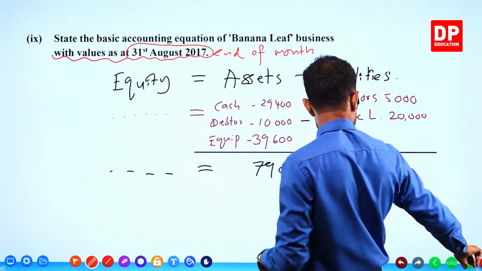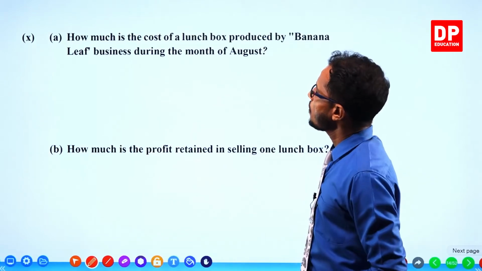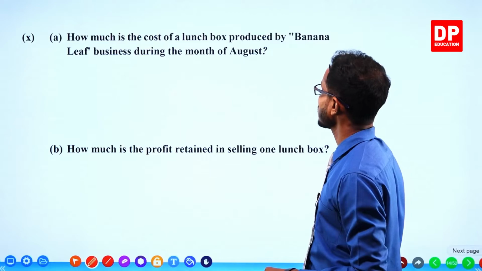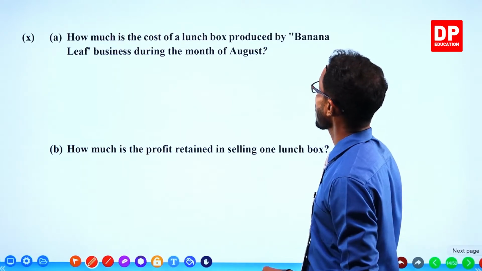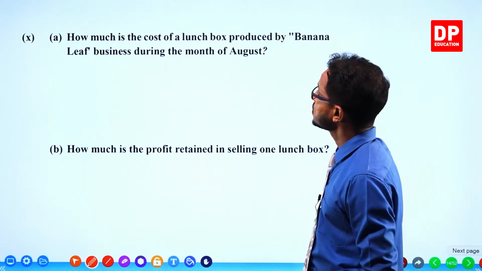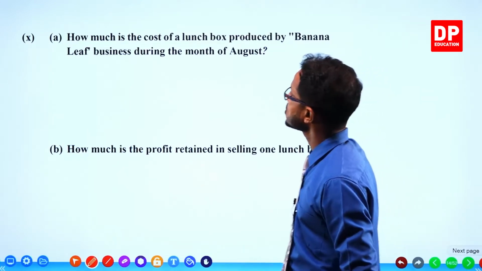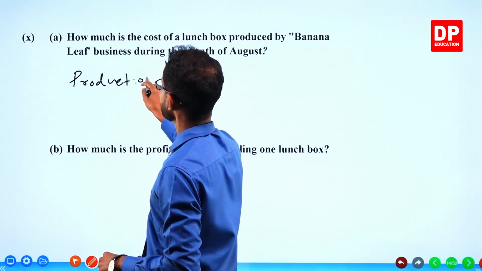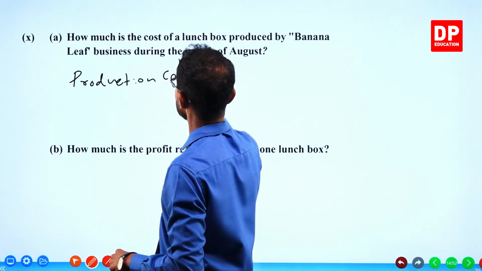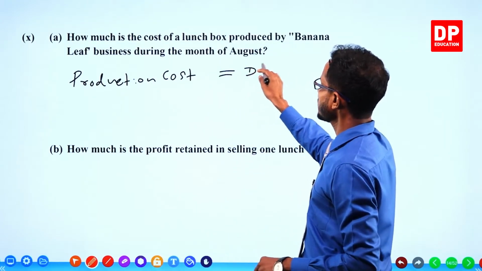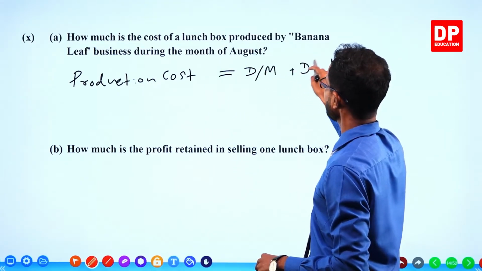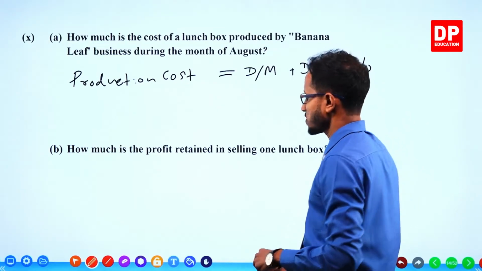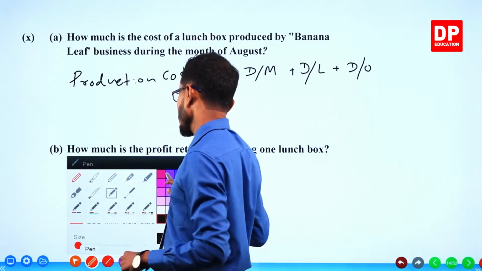That's right. Final question. How much is the cost of a lunch box produced by Banana Leaf business during the month? Production cost: direct materials, direct labor, direct other, plus overheads.